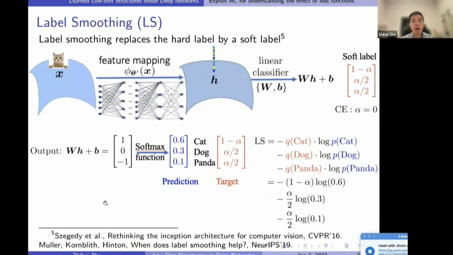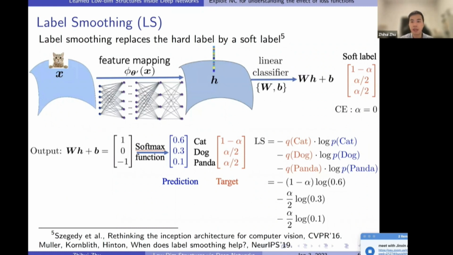Another common loss is the so-called label smoothing. In label smoothing, we use a soft label. Previously, we labeled the samples as 100%, which means 100% a cat. Label smoothing says, okay, let's not be so sure. Let's give some uncertainty to the labels of the samples.